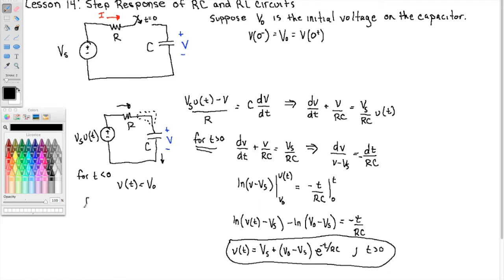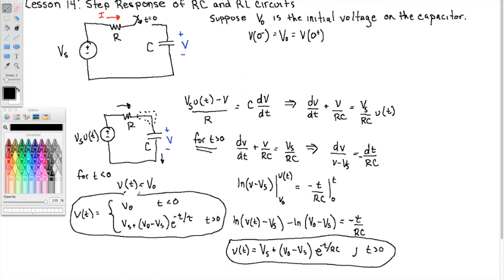So v of t equals v0 for time less than 0, and vs plus v0 minus vs times e to the negative t over tau for t greater than 0. Here's the total response for all of time.